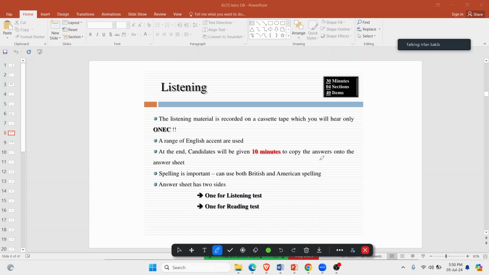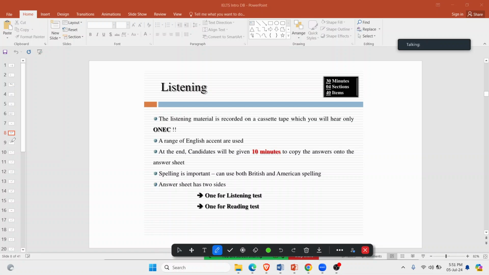Is this clear? Yeah. Spelling is important, but we can use American or British spelling. It doesn't matter, but we can use only one type throughout the exam. Is that clear? Yeah.